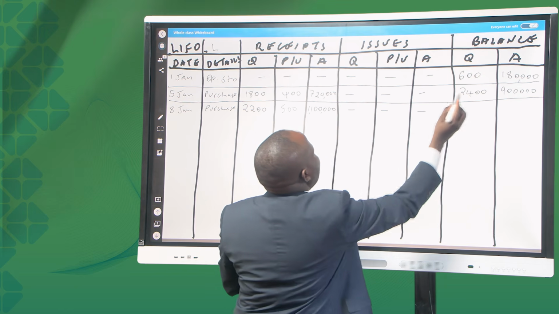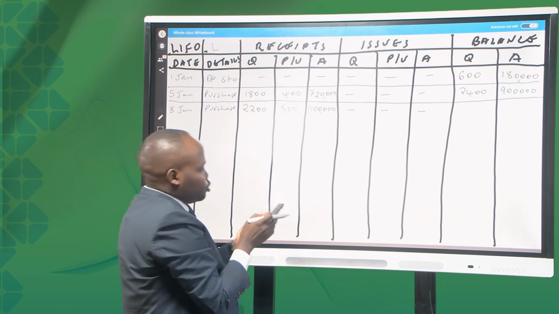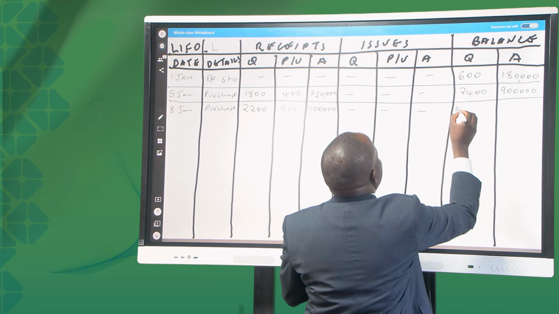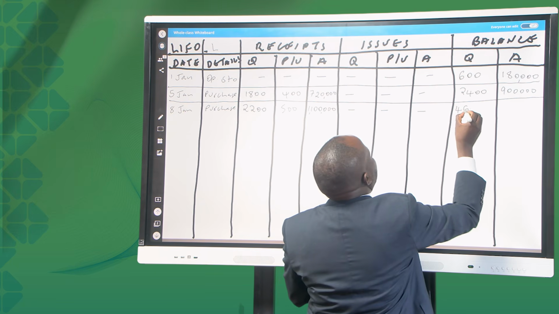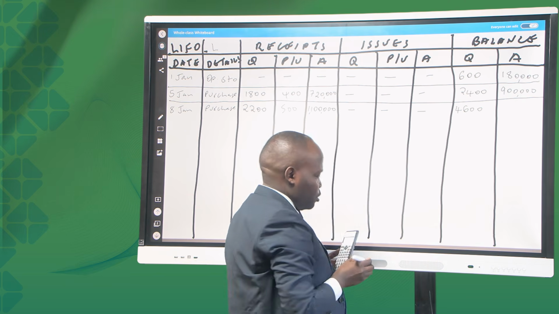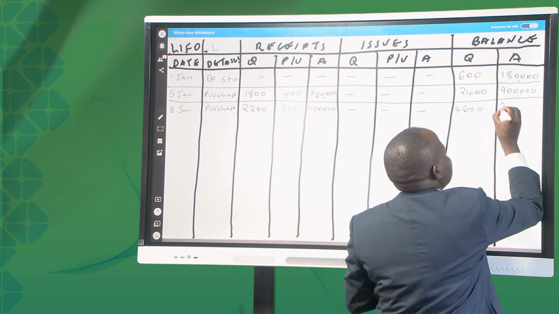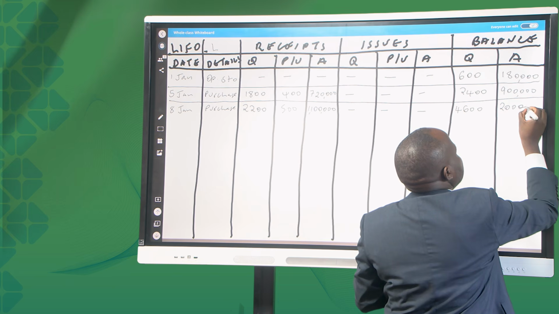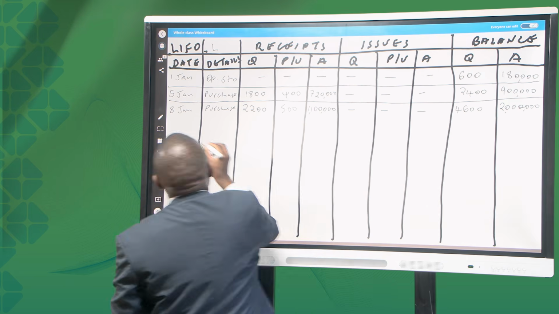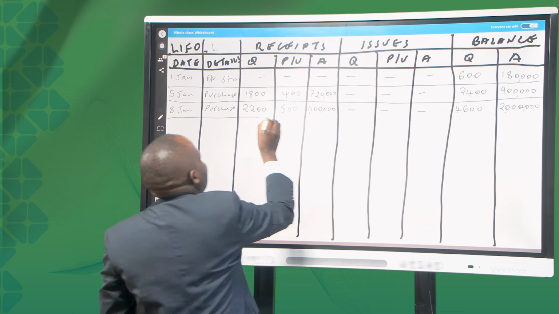So we have 2,400 plus 2,200, that is 4,600. 900,000 plus 1,100,000 gives you 2 million. So that is the end of 8th January.